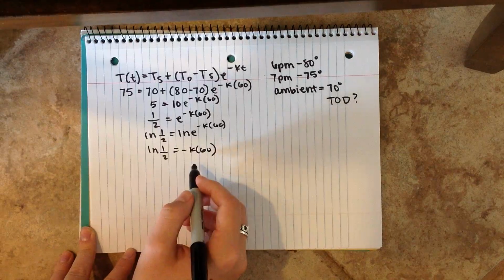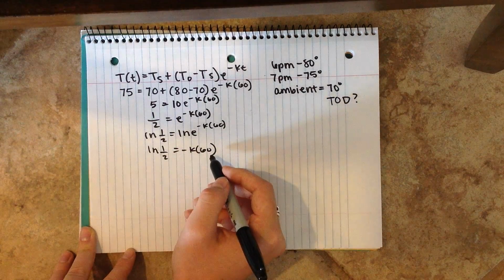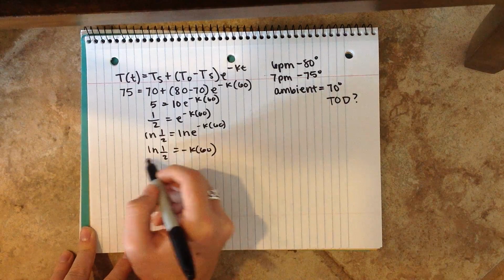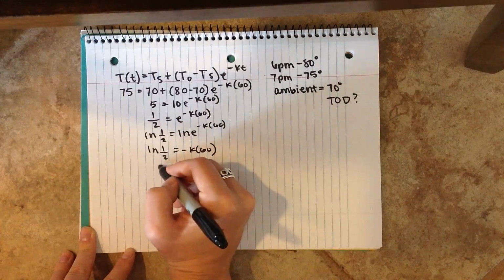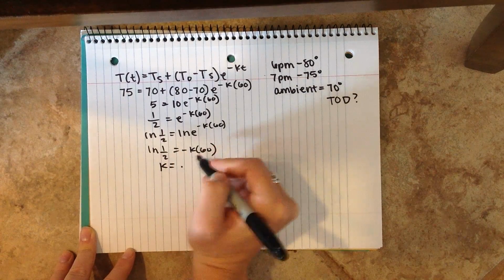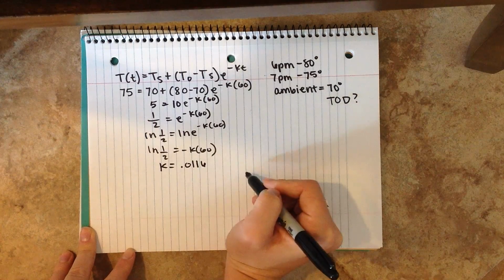After you've done this, you enter this into your calculator and divide the natural log of 1/2 by 60 to isolate k, and you get k equals approximately 0.0116.